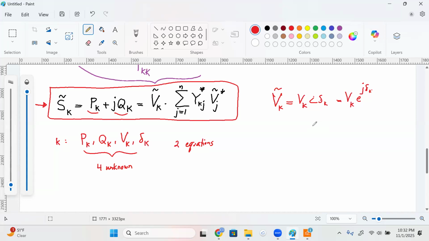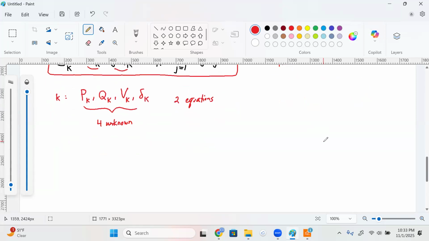Depending on which two of those variables are known, we can have different types of buses. These are known as slack bus, PV bus, and PQ bus. First, slack bus. This is also known as reference bus.